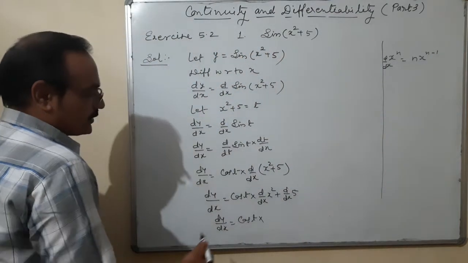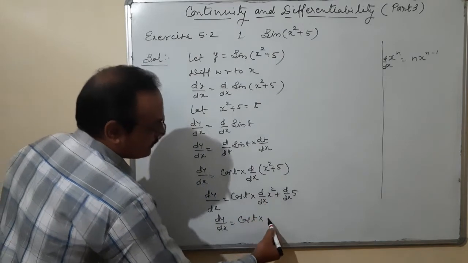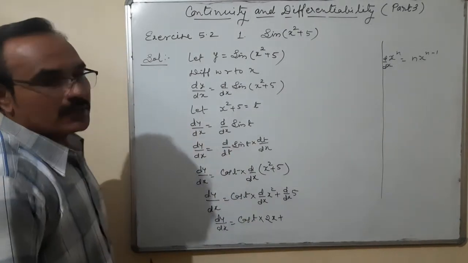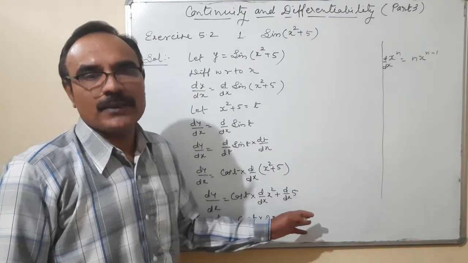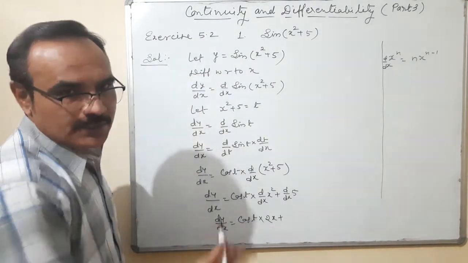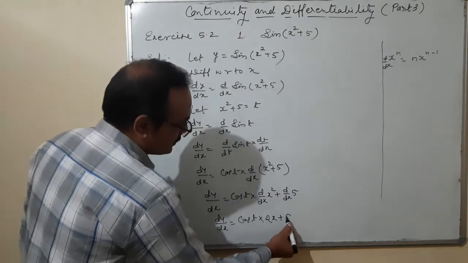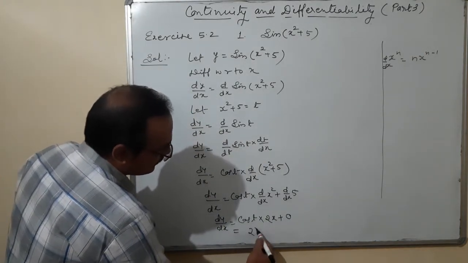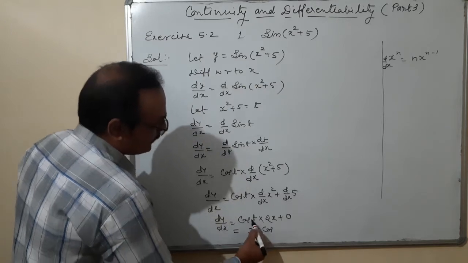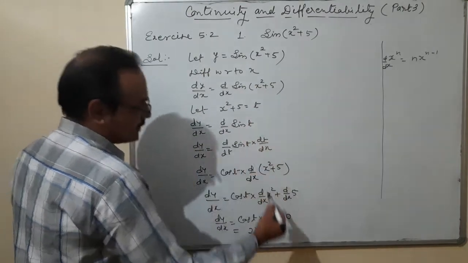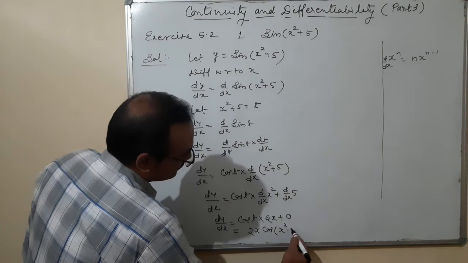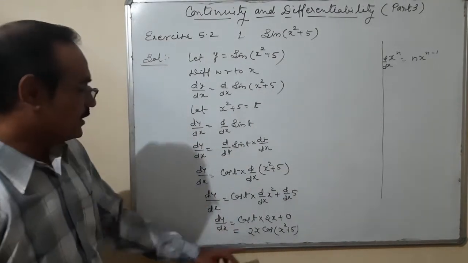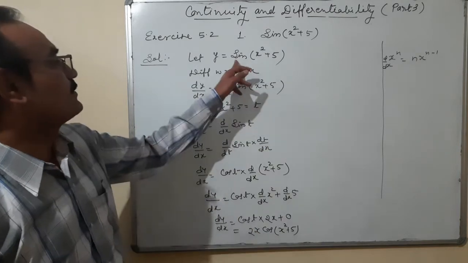So here x square gives 2x, plus differentiation of the constant term. Differentiation of a constant term is always 0 because the rate of change of a constant is 0. So finally it is coming 2x cos, and the value of t which we have considered, t is equal to x square plus 5.